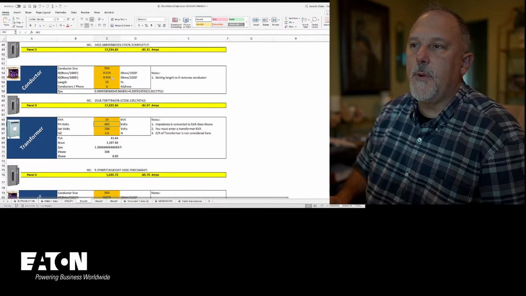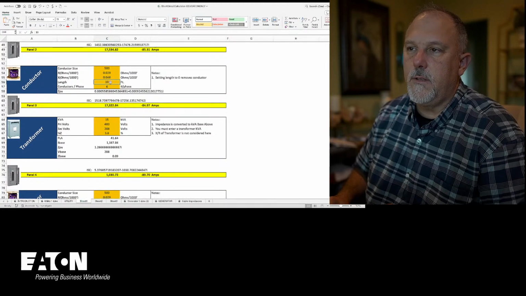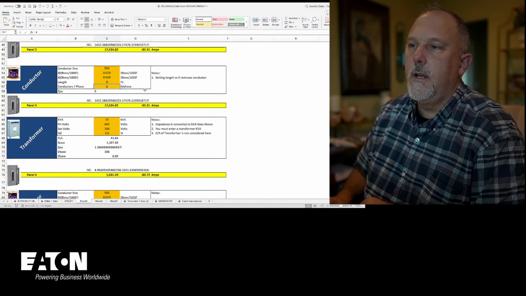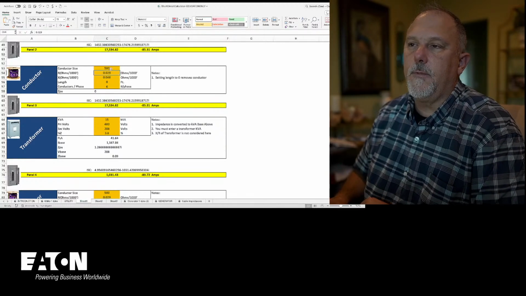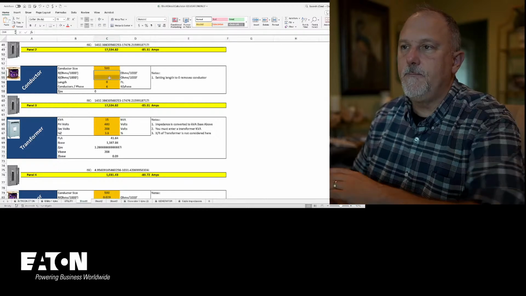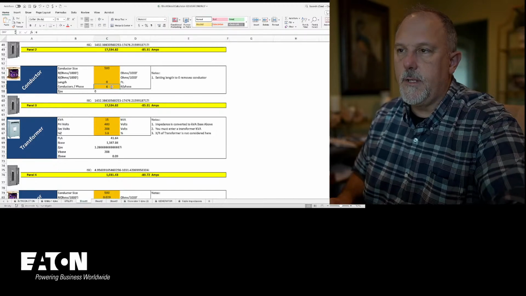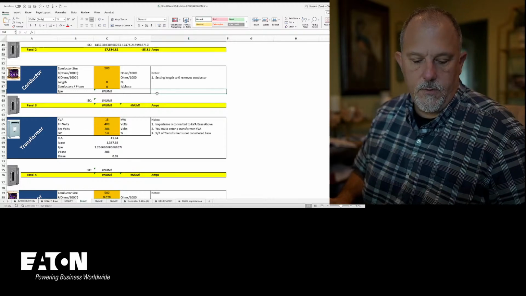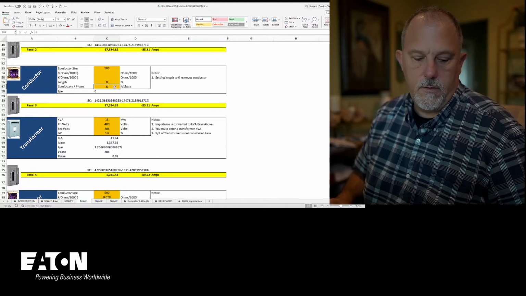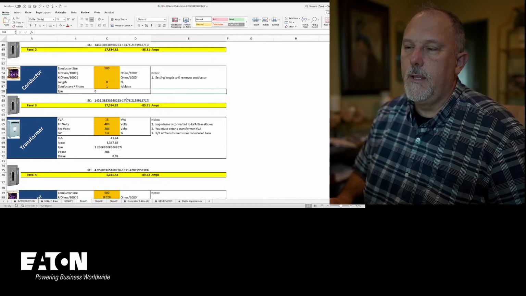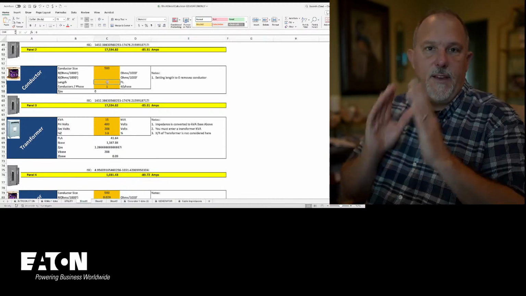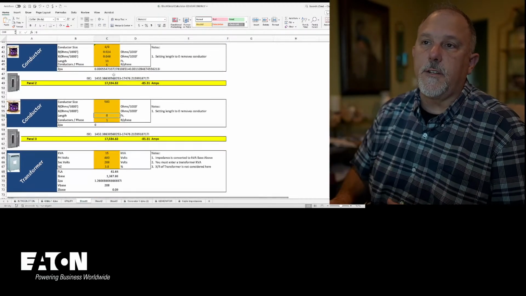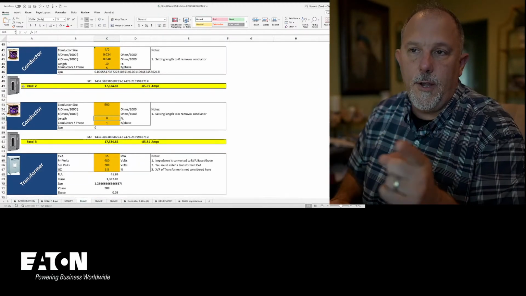I have a separate panel in here, so I am going to do 0 feet. The reason I did that, I'm going to delete this and delete that. Whoops, Control Z. The reason I have that in there is because if I want to put 2 conductors, if I want to land on a breaker.